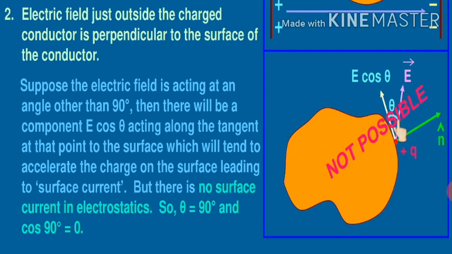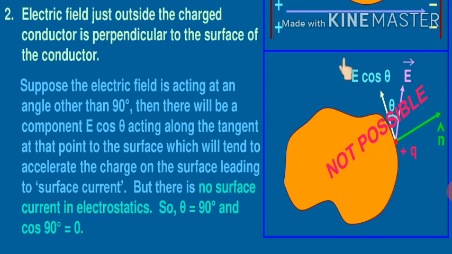Now we know electric field is a vector quantity, and we need to resolve it. When we resolve it, we will have E cos theta acting along the tangent at this point to the surface of the conductor. Now what will happen if this component E cos theta is there? It will try to accelerate the charge on the surface of the conductor, and then there will be surface current.